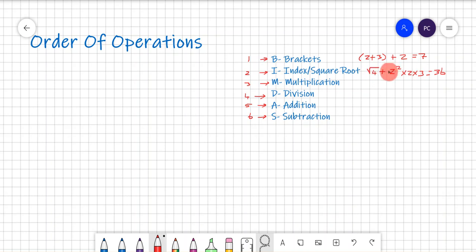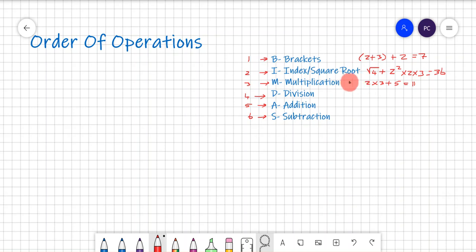So if you had an operation like this, you don't do the multiplication first, you do this, and then you do this. So multiplication then: if you have 2 multiplied by 3 plus 5, you don't add the 3 and 5 because that's lower down. You do 2 multiplied by 3 first, which is 6, plus 5, which is equal to 11. If you add 3 plus 5, that will give you 8, and then 2 times 8 is 16, so that's a completely different number.